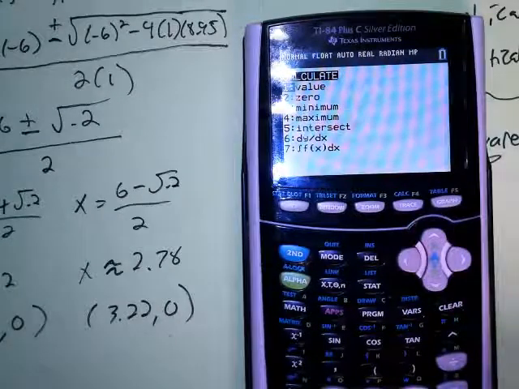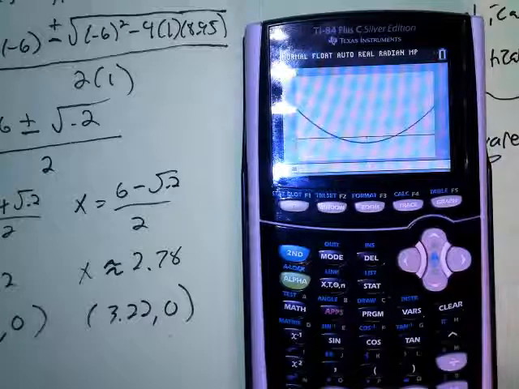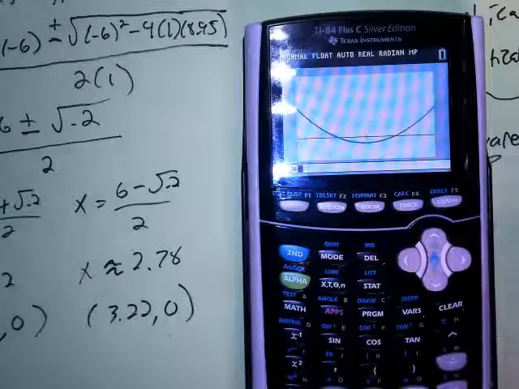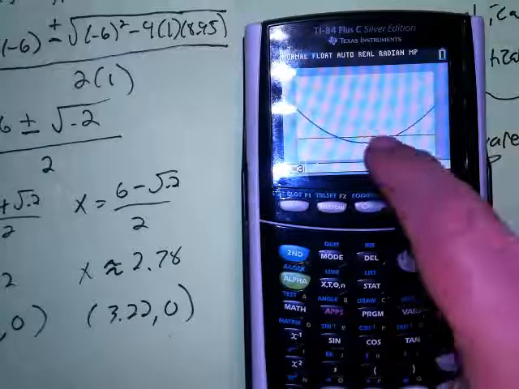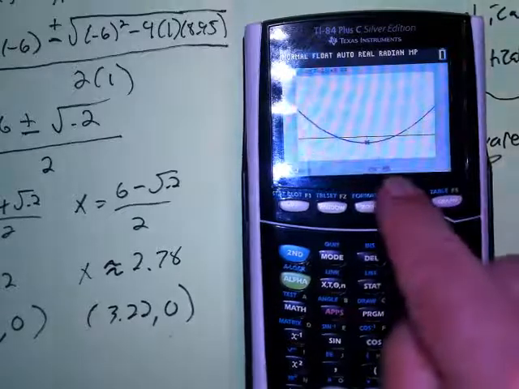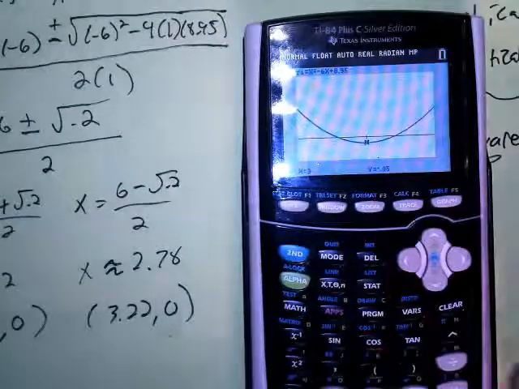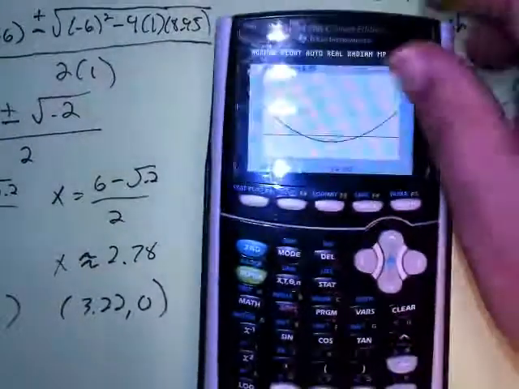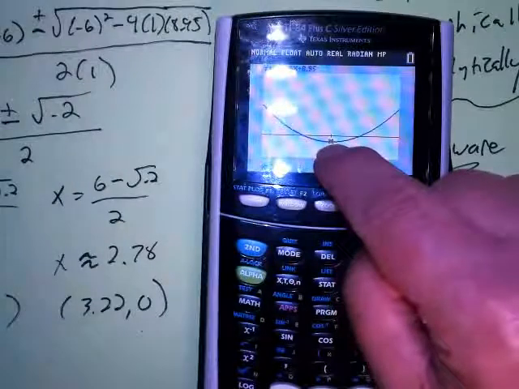So the value here just is, if I want to put in a value, like 3, so at 3, hit enter, it's actually equal to negative 0.05.